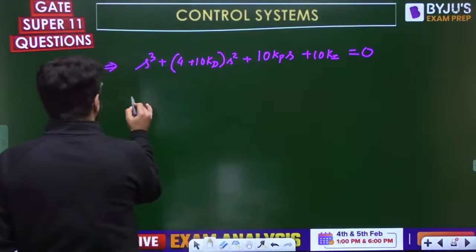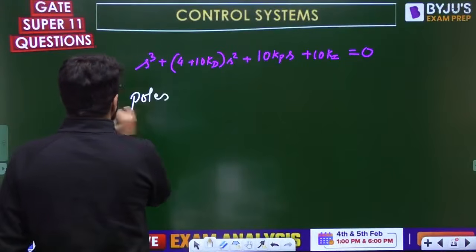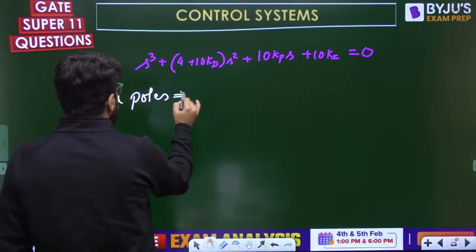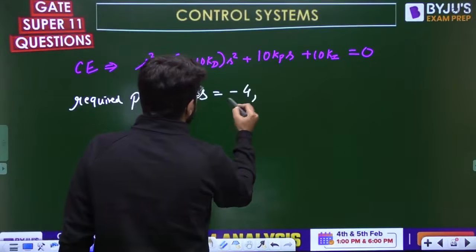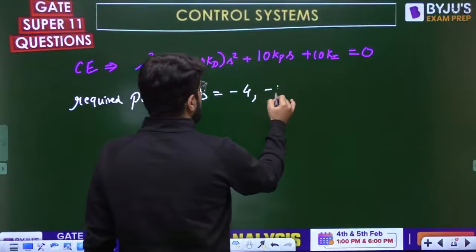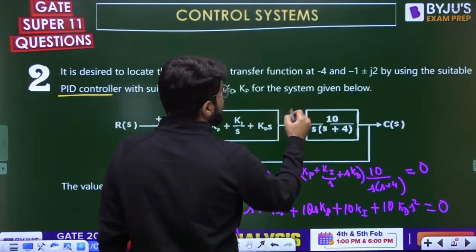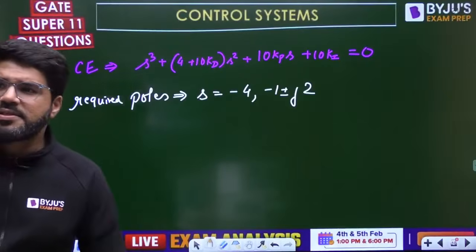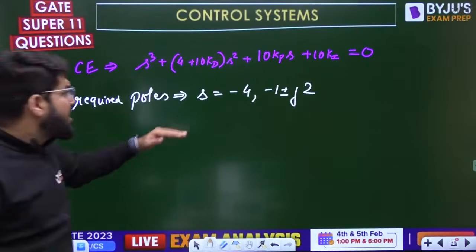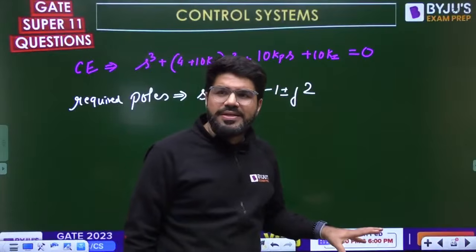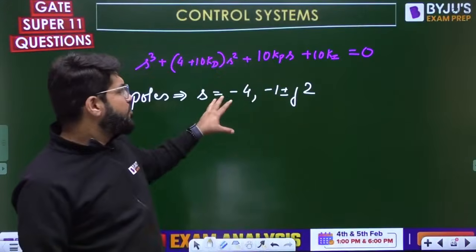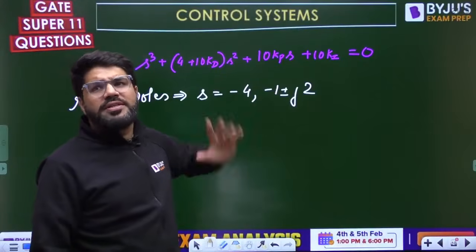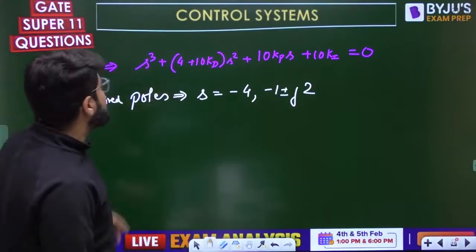Now what are the required poles? S is equal to -4, -1 plus J2, and -1 minus J2. Now by the given poles you can form a characteristic equation, or you can use the cubic equation fundamentals.